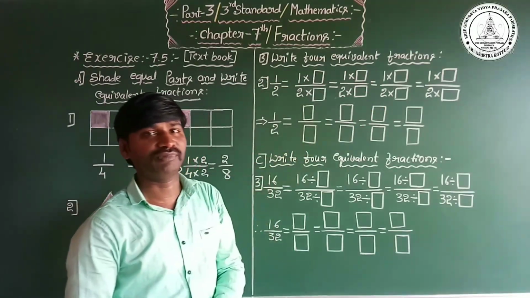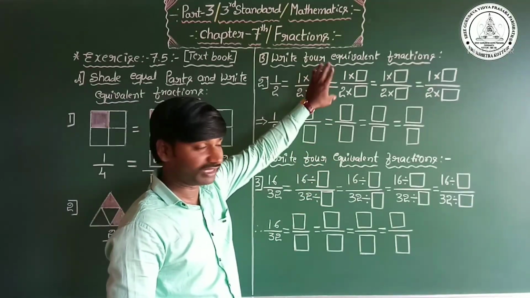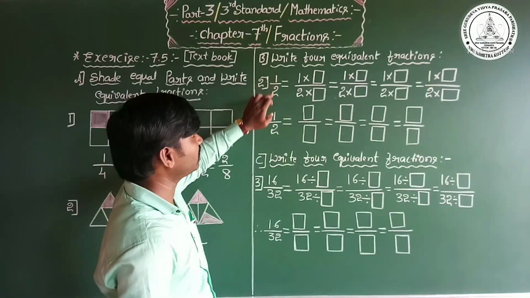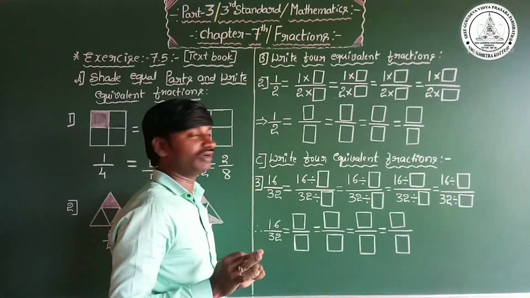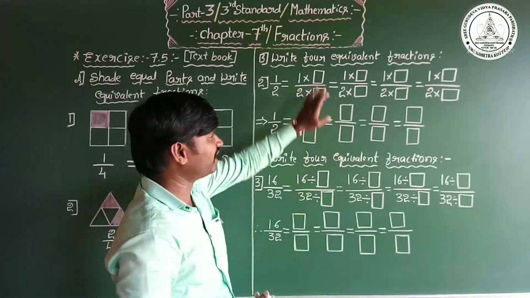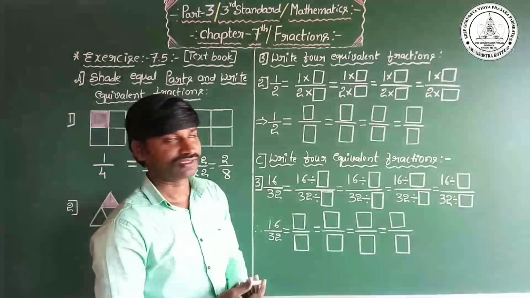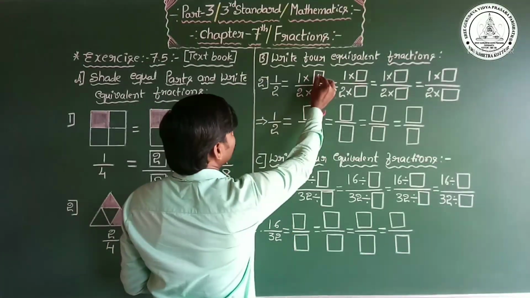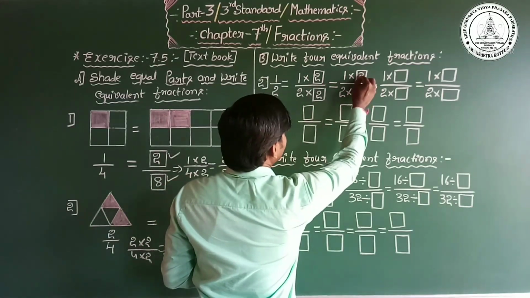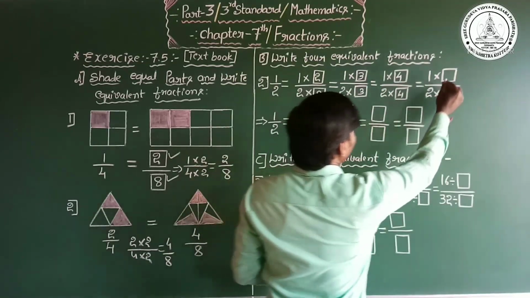Use the 2 methods. Here 1 by 2 is the fraction, and you want 4 equivalent fractions. So you take the same number in the numerator and denominator. You take any numbers, and start with 2 by 2, 3 by 3, 4 by 4, 5 by 5.